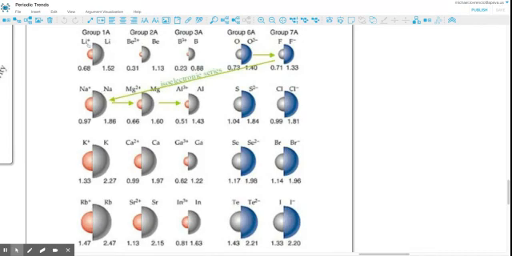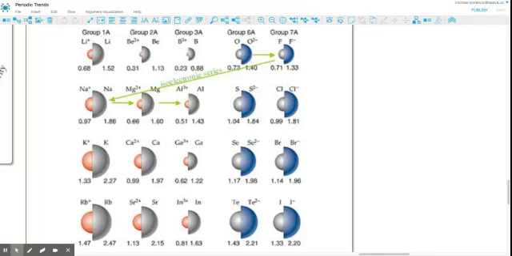First of all, for the metals, if we look at the size of the neutral atom in gray and the size of the ion, you'll notice that when that metal loses that valence electron to make an ion, its size decreases. So for cations, the cation size is always smaller than the neutral atom.